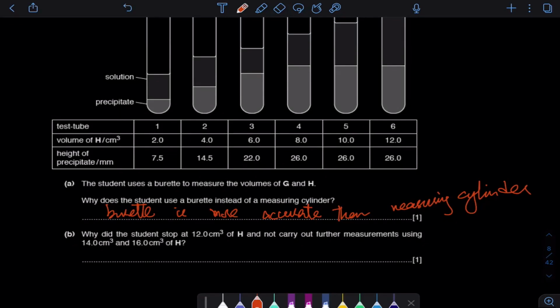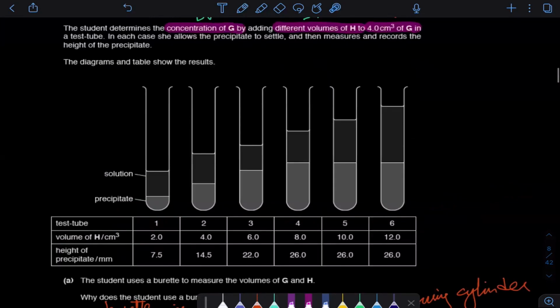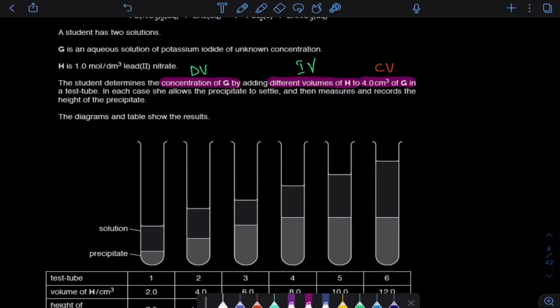Why did the student stop at 12 and not carry out further measurement? He didn't because height has already become constant. And that's what he was trying to figure out. He measures and records the height, right? So that is what we have, in this particular case, as the dependent variable, and volume is the independent variable, because this is a calculated dependent variable and this is the direct dependent variable.